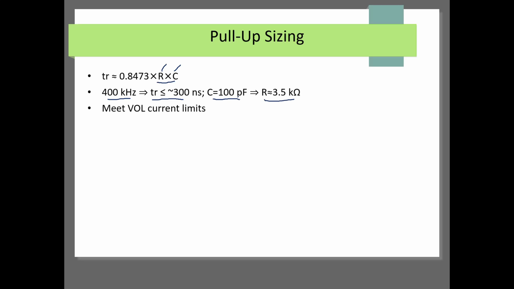Pico means 10 to the power of minus 12. 10 to the power of minus 3 means milli, 10 to the power of minus 6 means micro, 10 to the power of minus 9 means nano, 10 to the power of minus 12 means pico, and 10 to the power of minus 15 means femto.